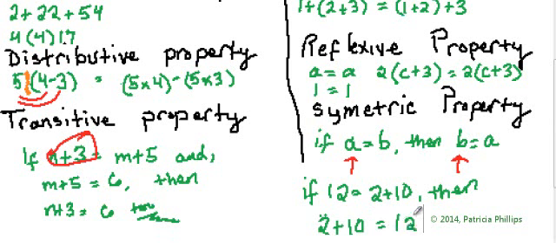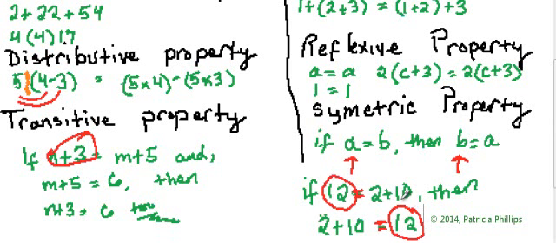So all you did in that example was, here was the equal sign, here's the equal sign. So all you did in that example was you took that 12 and you moved it from the left side of the equal sign to the right side of the equal sign, and the same thing with the 2 plus 10.